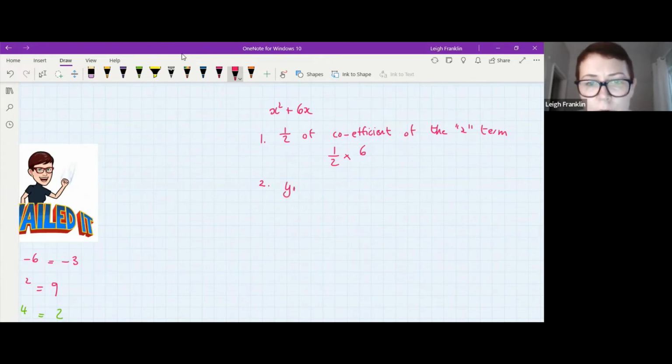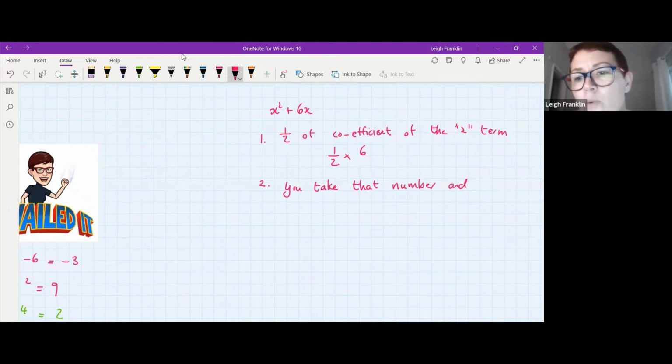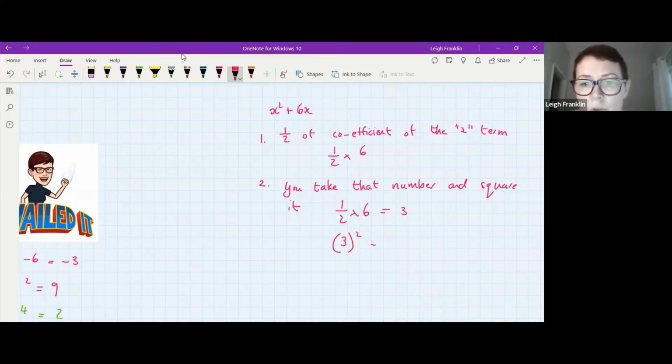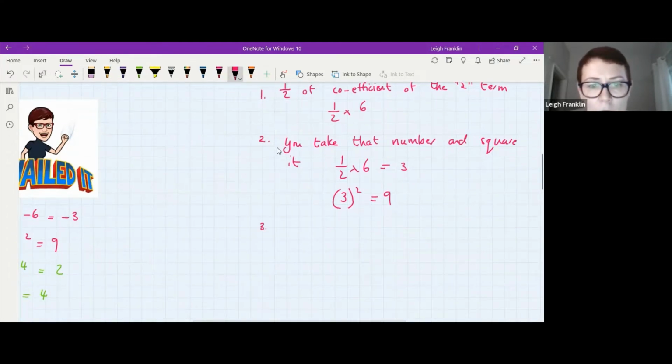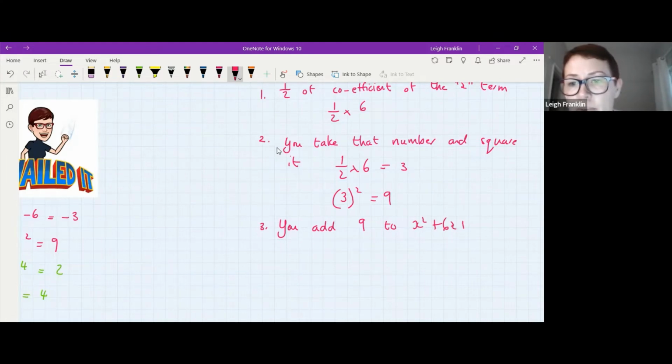You take that number and square it, in other words, multiply it by itself. So half of 6 is 3, and then you take that 3 and you square it and you get 9. And then you add 9 to x² plus 6x, to make x² plus 6x plus 9, a perfect square trinomial.